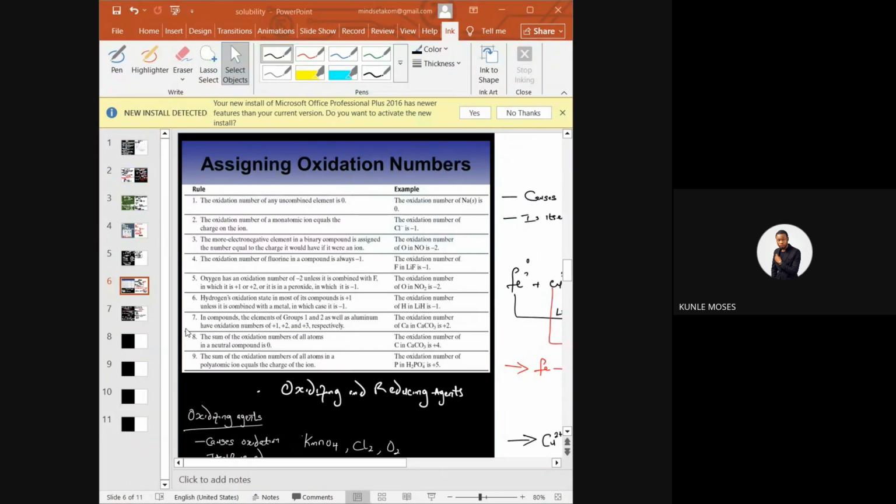Look at the example they gave us here. They said the oxidation number of P in H2PO4 minus is +5. Can somebody explain how it is +5?